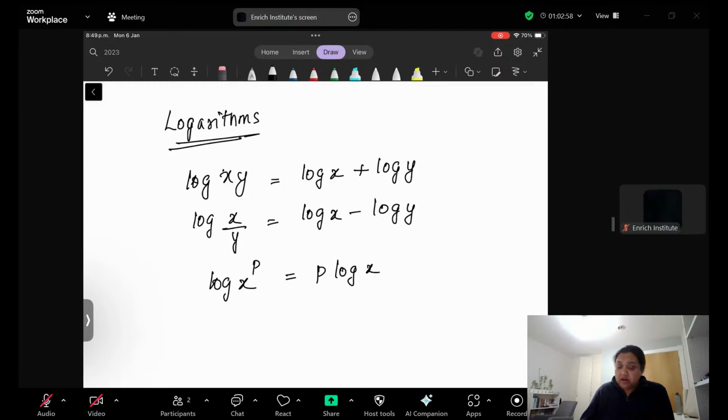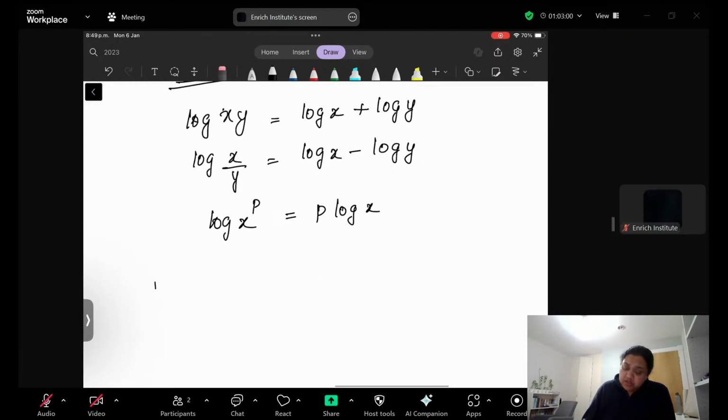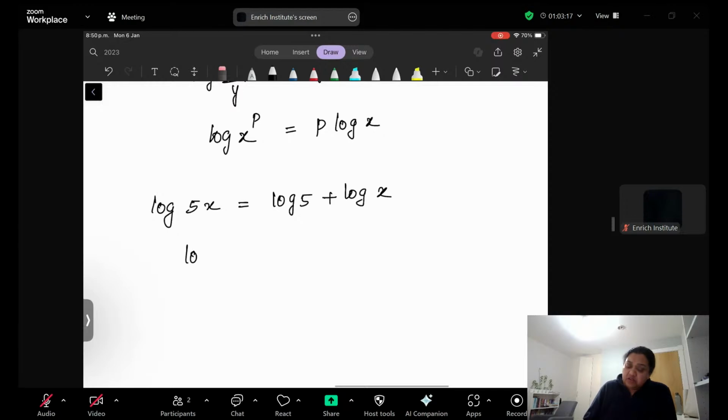So this is a direct logarithm question. With this information, if I am saying log 5x can be written as, 5x falls under this category, so I can write this as log 5 plus log x. Or if the question is log x to the power of 3, it falls under this third category, so I can write this as 3 log x. These are very basic things.